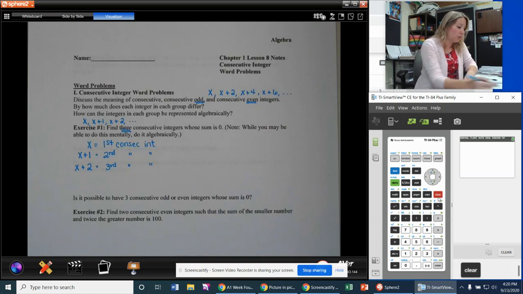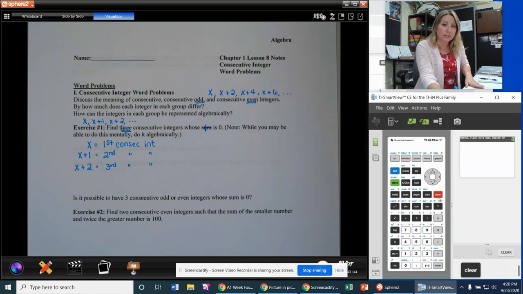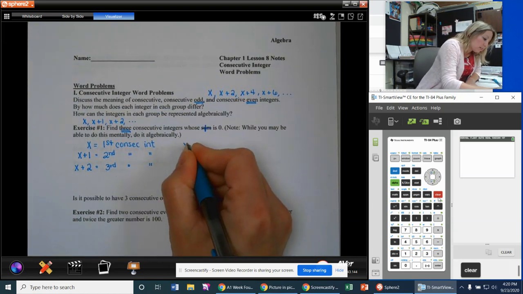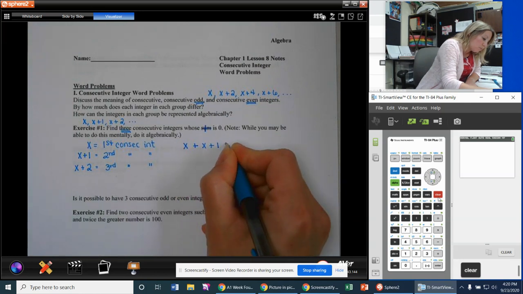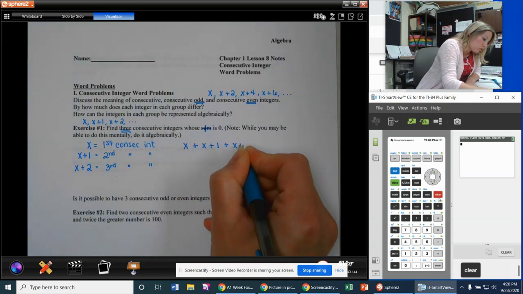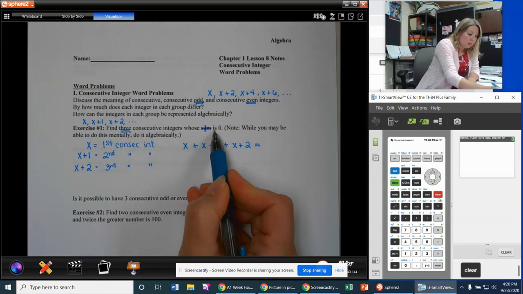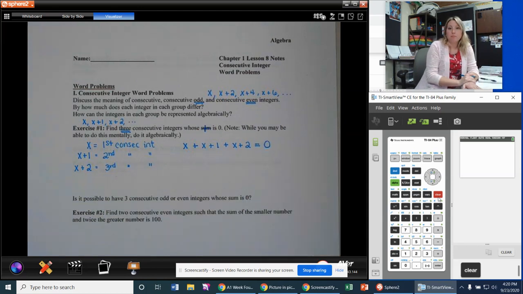Let's take those and add them up. Sum is adding. So add them up. So x plus x plus 1 plus x plus 2 is, that's an equal sign, 0. There you go.